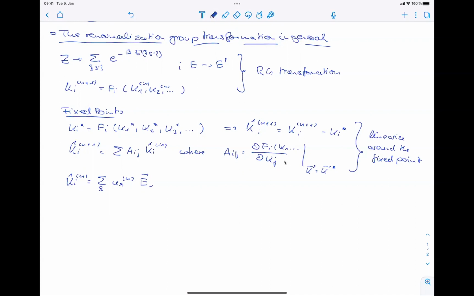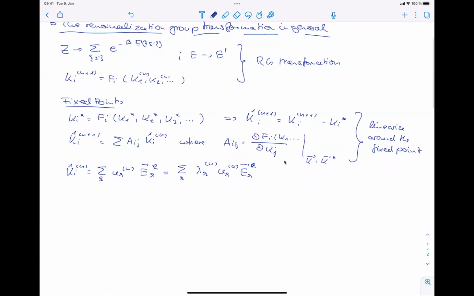This has to be the right-hand eigenvectors of our matrix A. And then I can see that what it means to perform the successive renormalization group transformation is that I'm acting with the matrix A on my parameters, but acting with the matrix A in its eigenspace just means that I'm multiplying with the respective eigenvalues. So this gives me lambda_k to the n, u_k, a_k.